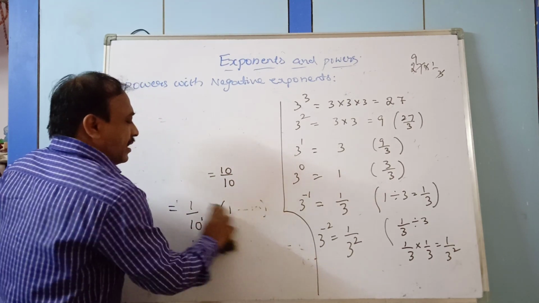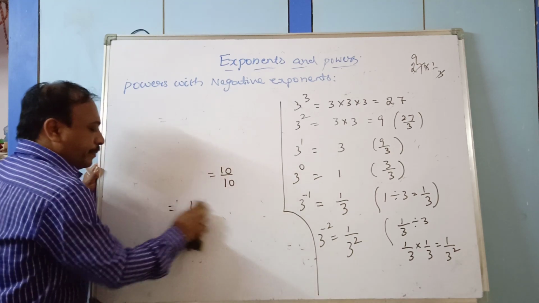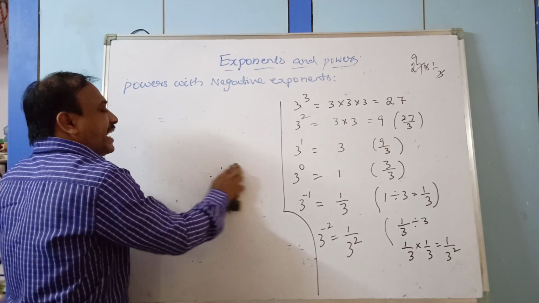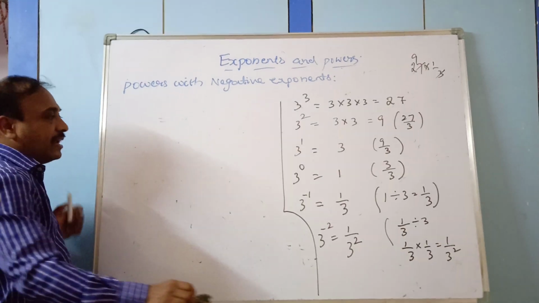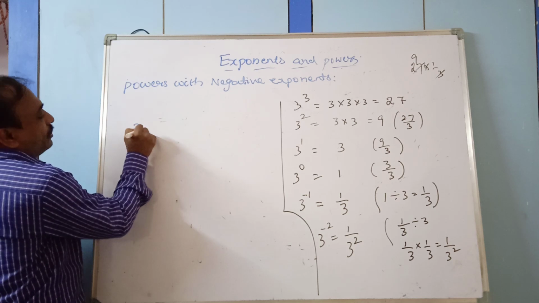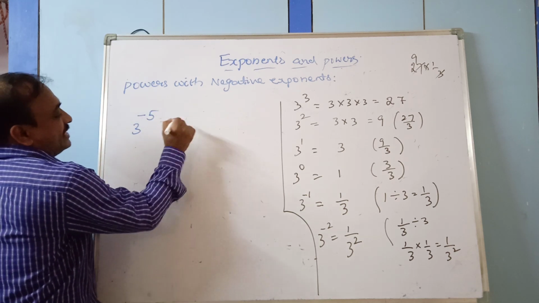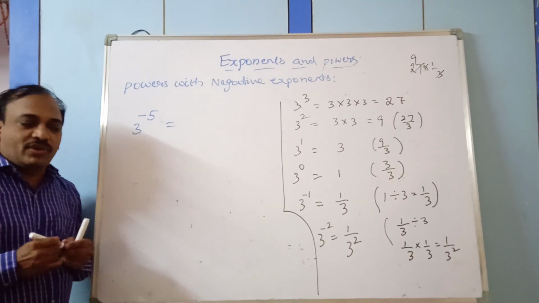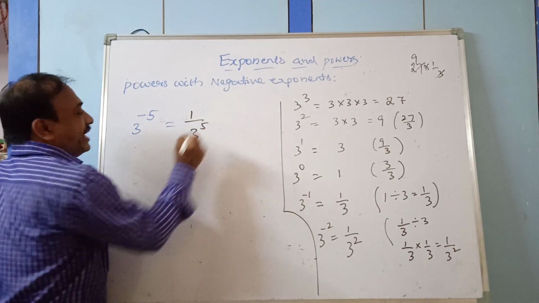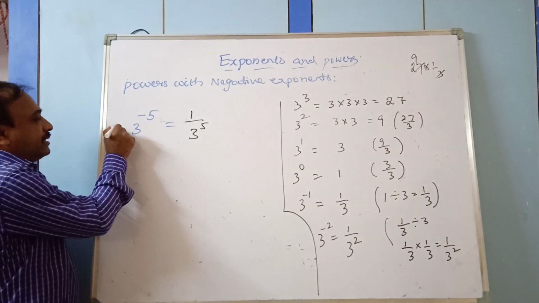As the value is decreasing, that's why we are writing 1 by. Now tell me the answers for this. Here 3 to the power minus 5. Who can say? Yes, you are right. What is the answer? 1 by 3 to the power 5. Very good answer.